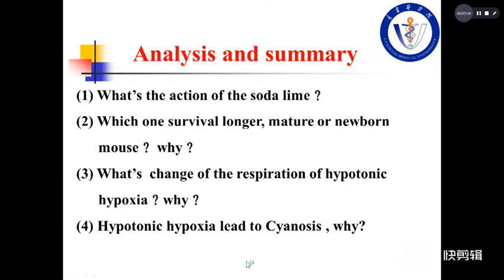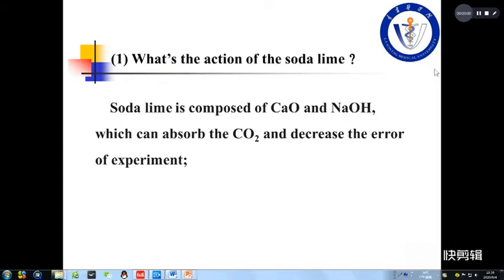Why? Hypotonic hypoxia leads to cyanosis. Color of skin is bluish. Why does hypotonic hypoxia lead to cyanosis? Now you think. You can answer or not.